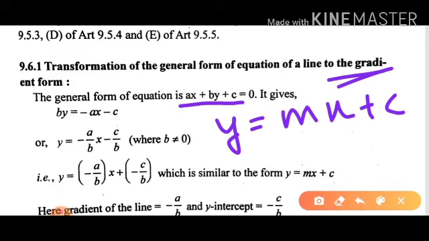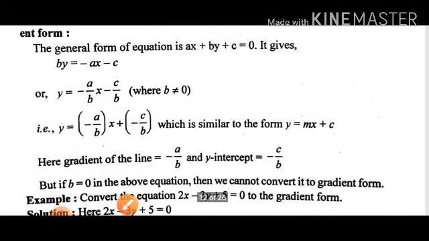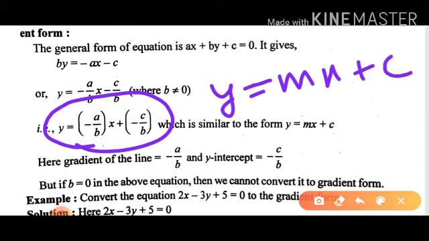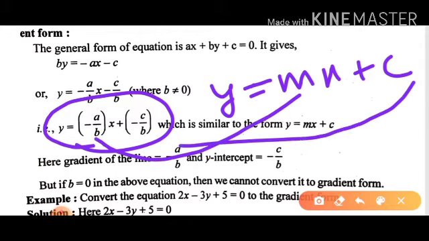So you transpose this a to the other side, and c will also go on the other side. What will it become? It will become like this. If you see this, it is of the form y equal to mx plus c, where m equal to minus a by b, and c equal to minus c by b.